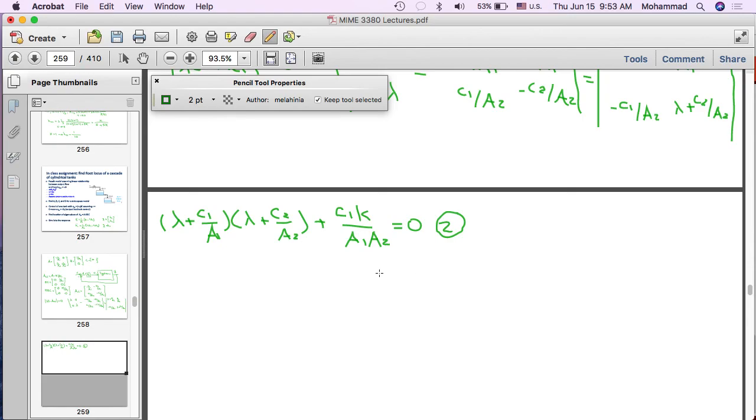If you take this equation and multiply it by A1 A2, it becomes A1 A2 multiplied by lambda plus C1 over A1 times lambda plus C2 over A2, plus C1 K, still equals 0.